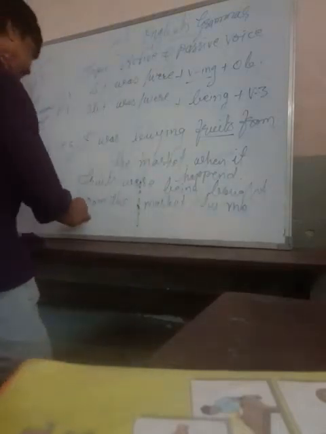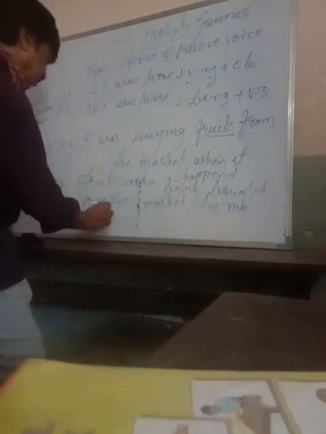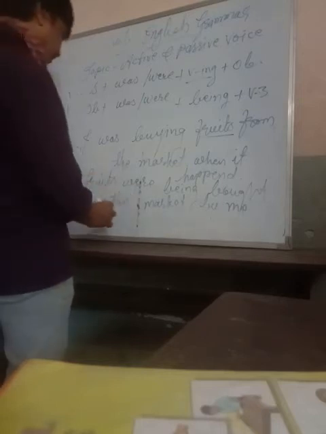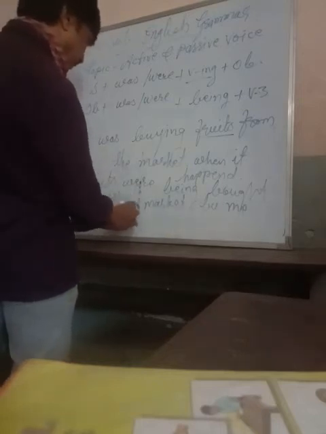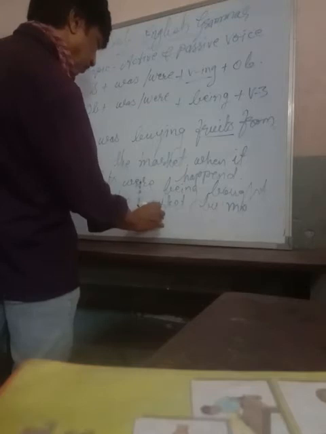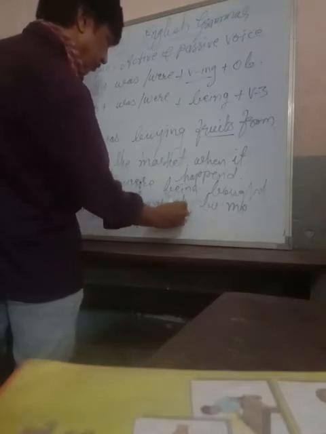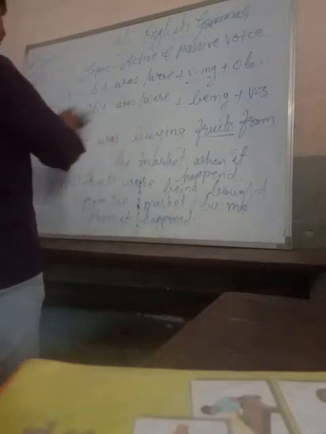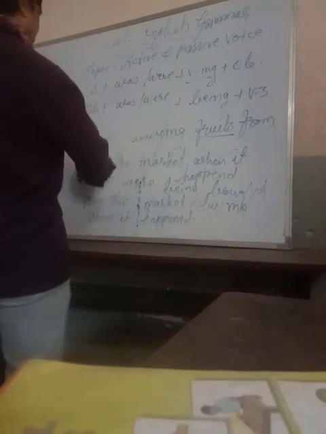When it happened, this one extra part we can take at the last. So that way fruits were being bought from the market by me when it happened. So this way there is the past continuous tense.